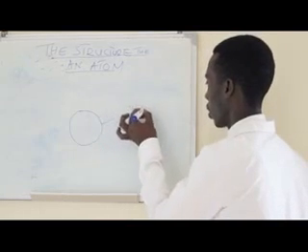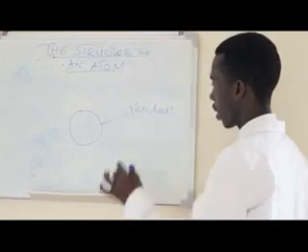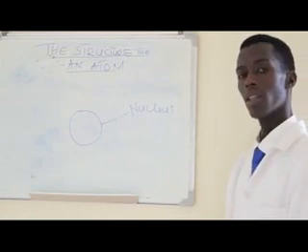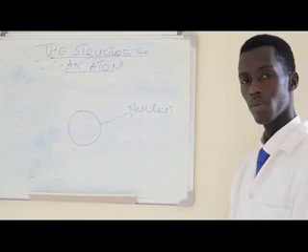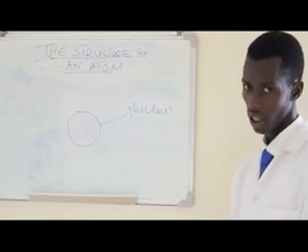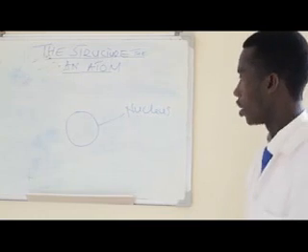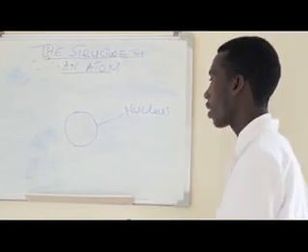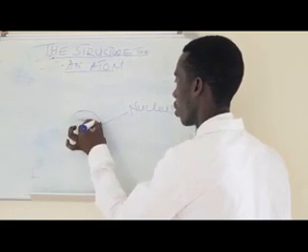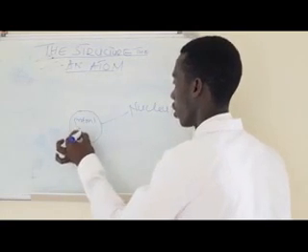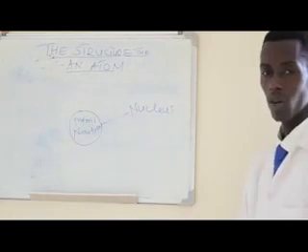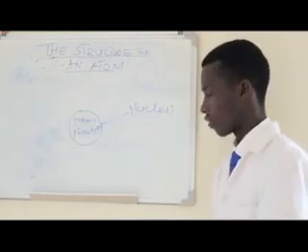This is the nucleus of an atom. Within an atom, we have two subatomic particles that are located in the nucleus. These two subatomic particles are protons and neutrons.